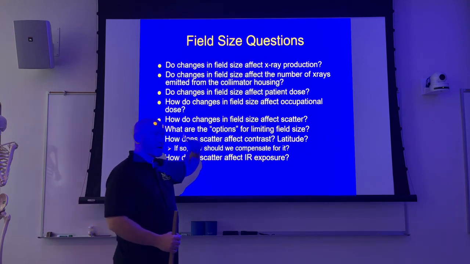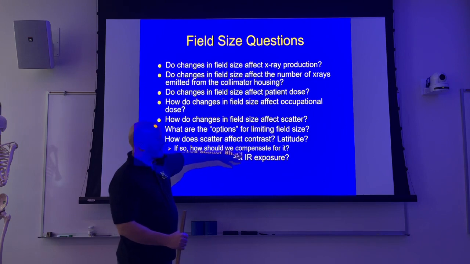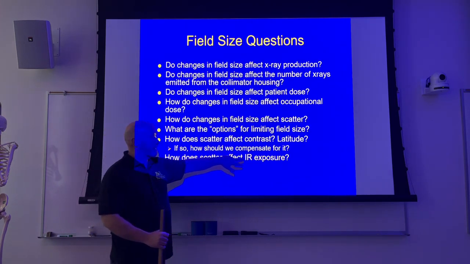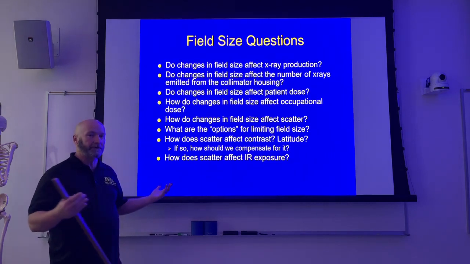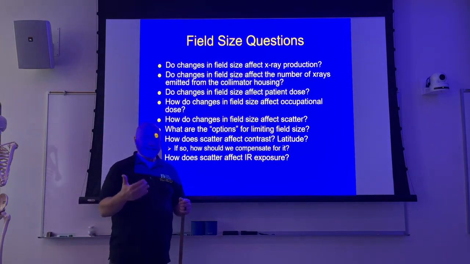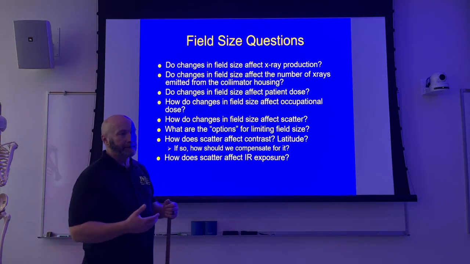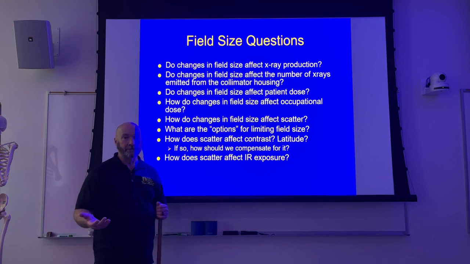So how does scatter affect image receptor exposure? Increase in collimation decreases image receptor exposure. And how we compensate for that, invert those two. How we compensate for that is with mass. So as you increase collimation, you need to increase your mass. You don't see this happening really, because most of the time you're using phototimers, and phototimers are doing it for you.